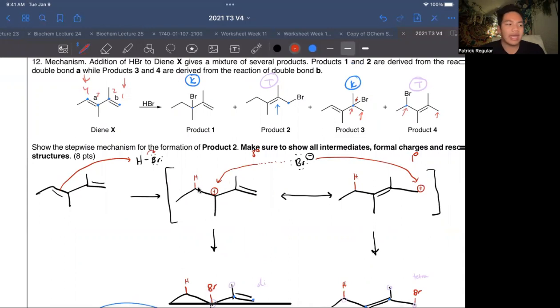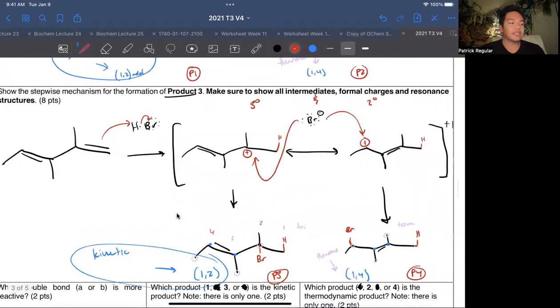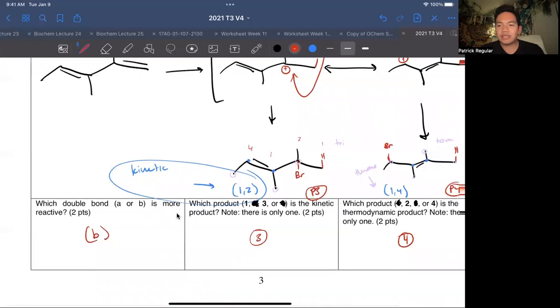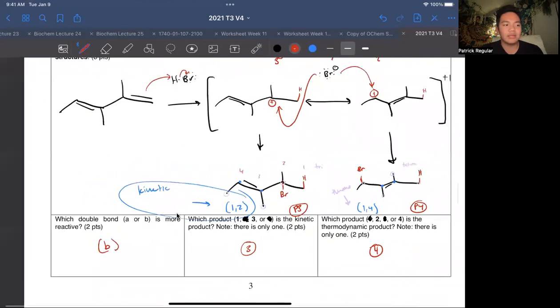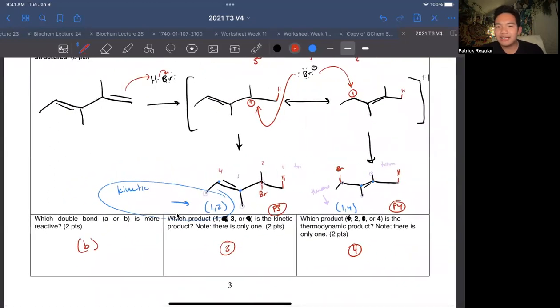All right. And if you're looking at the most reactive one, it's whichever one is the most stable. All right. So you're looking at carbocation substitution pattern, and then the alkene substitution pattern. They'll align. So don't worry about picking which one, they'll align.